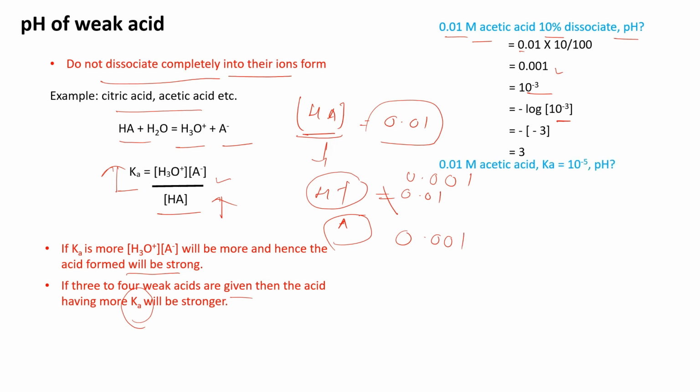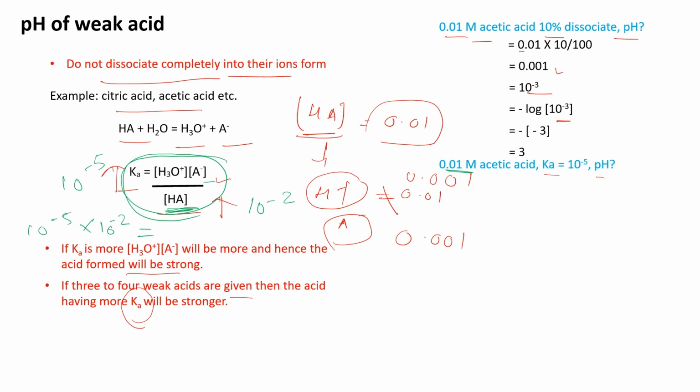Clear? Now suppose you are given the Ka value and you have to calculate pH. The formula is Ka equals H3O plus into A minus upon HA. For acetic acid, that means HA, it is 10 to the power minus 2. Ka, 10 to the power minus 5, is already given. So 10 to the power minus 5 into 10 to the power minus 2 equals H3O plus and A minus.